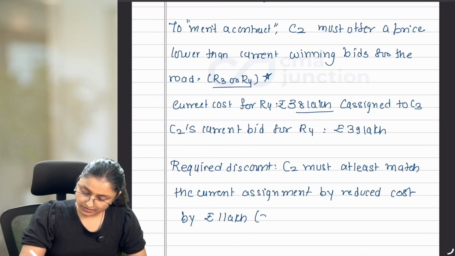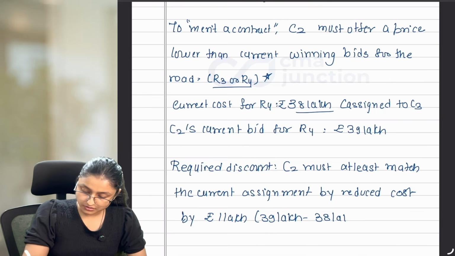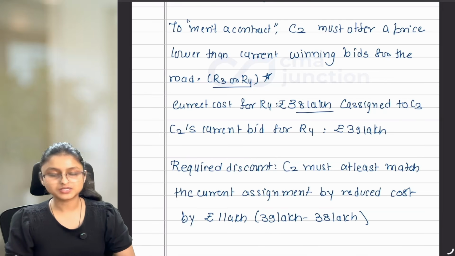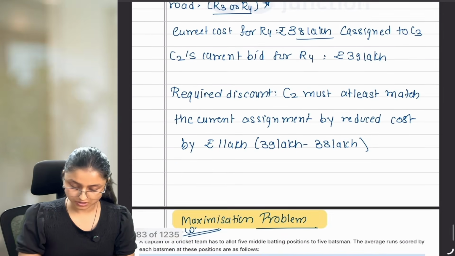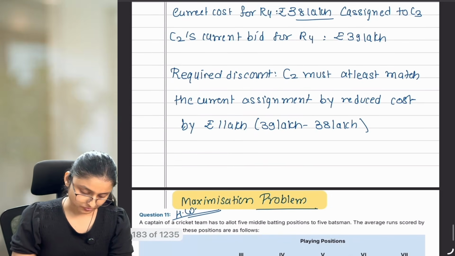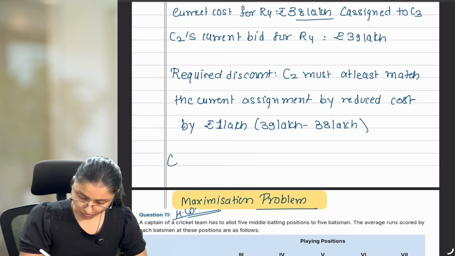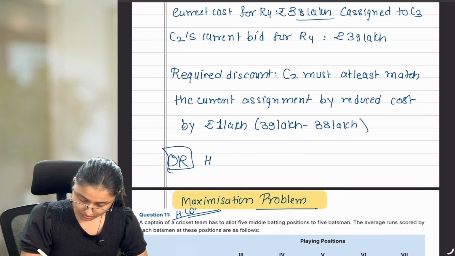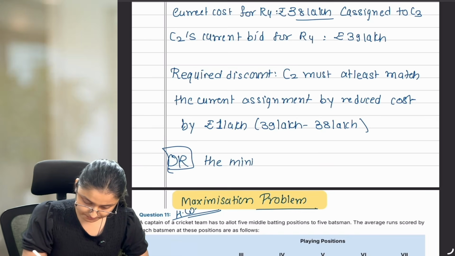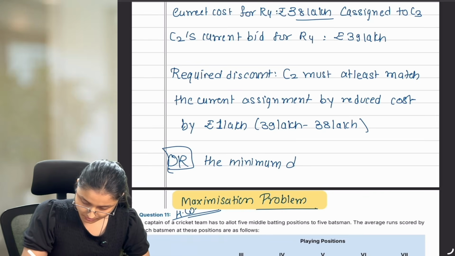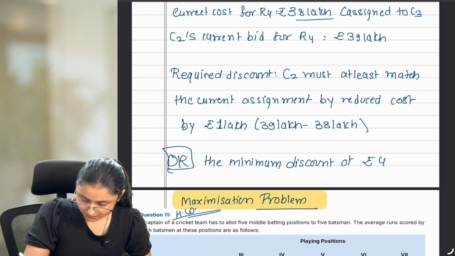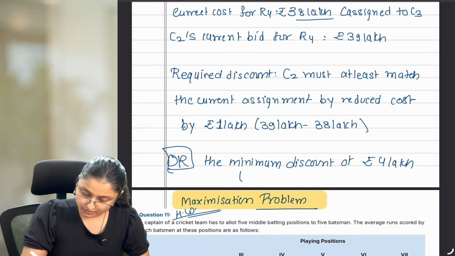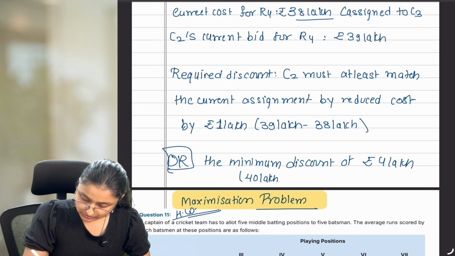How did we get this 1 lakh? 39 lakh is what C2 is offering, but 38 lakh is the current cost which we have taken, the lowest among all the available. Okay? Now, this is 1 lakh. Or the minimum discount of rupees 4 lakh. How did we get this 4 lakh? 40 lakh minus 36 lakh gives us 4 lakh. Okay?